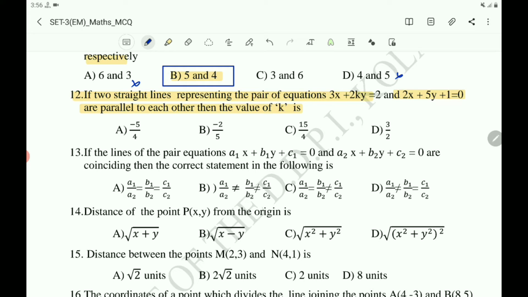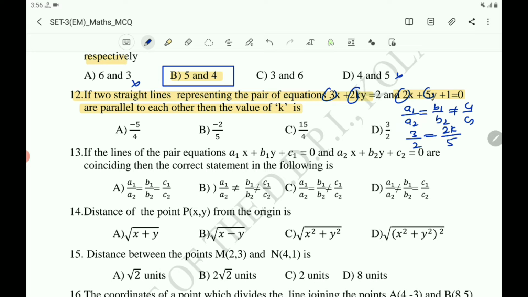If they are parallel, they do not have a solution, and they must satisfy the condition a1 by a2 equals b1 by b2, which is not equal to c1 by c2. Now you take a1 by a2, 3 by 2 equals 2k by 5.